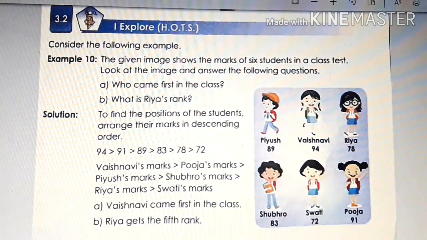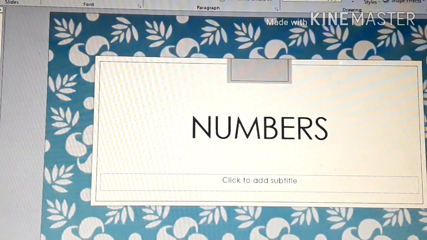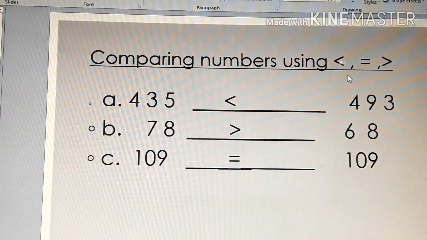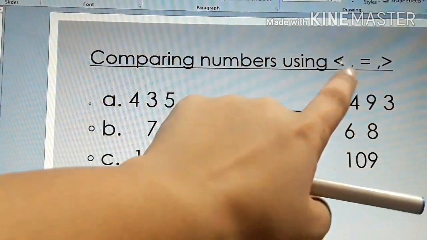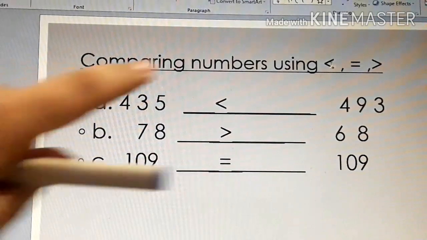Next, now we will start with comparison of numbers, children. So let's start. So children, the objective of the class today is to understand comparing two numbers. Okay. So for comparing numbers, children, we use these 3 signs. And you have used these signs in class 1 also.